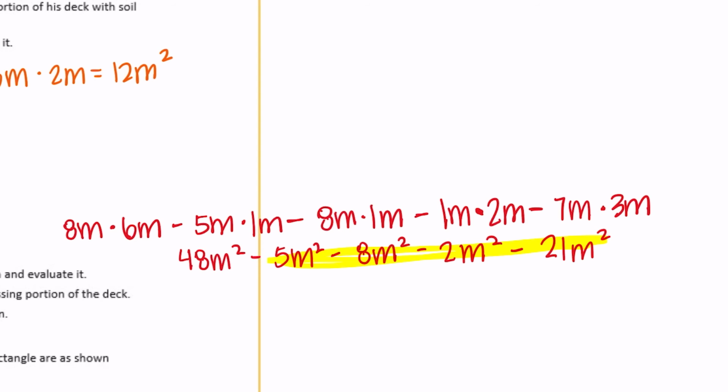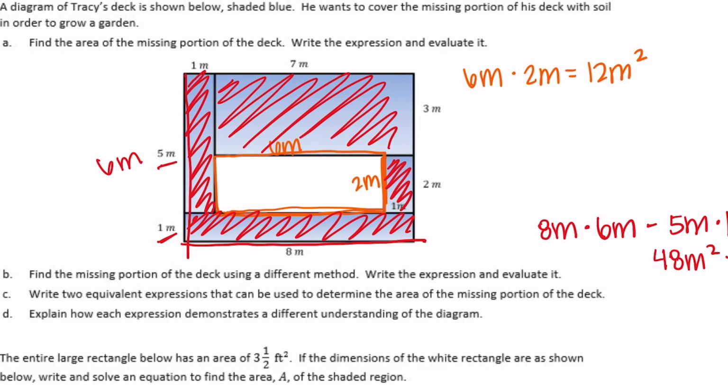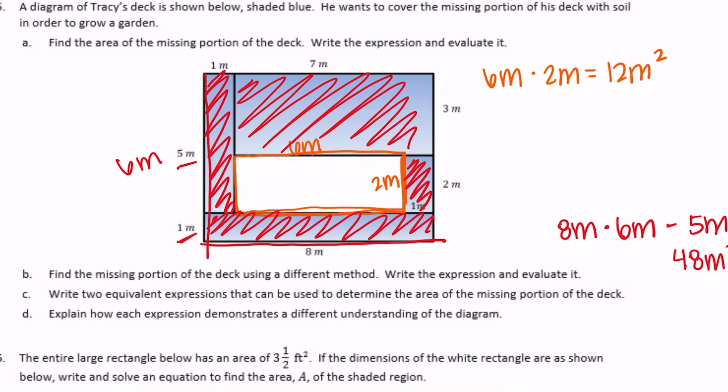So 5 and 8 would be 13, and 2 is 15, so 21 plus 15 would give us 36. So we have 48 meters squared minus 36 meters squared. That'll give us 12 meters squared, which, great news, is the same thing that we got in part A, which is the point. They wanted us to just show a different method.